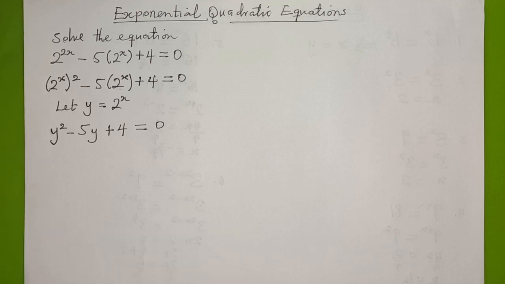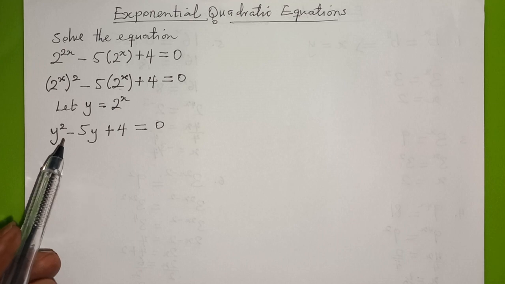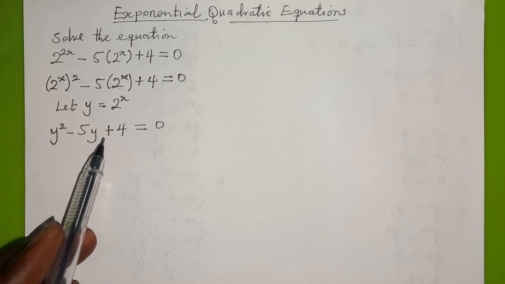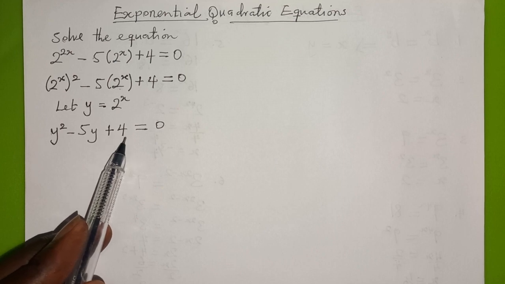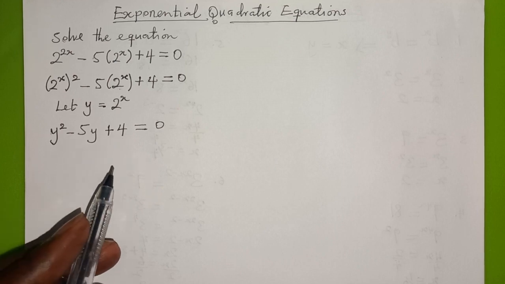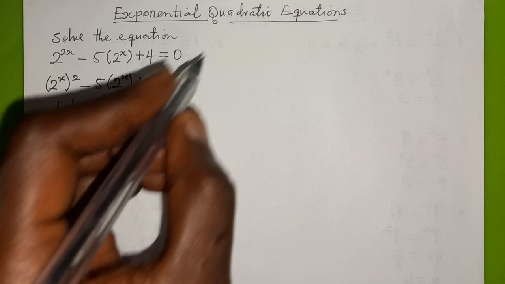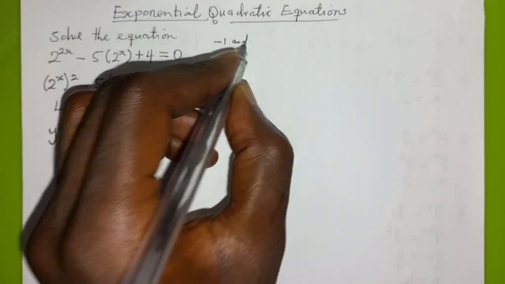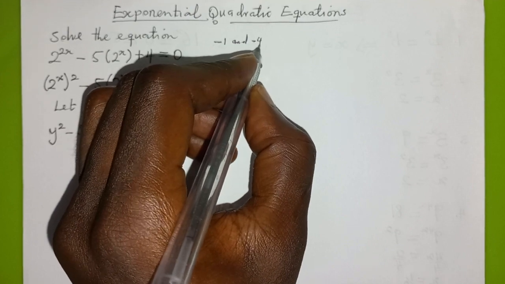Okay. What we need to do now is to find two numbers that anytime we add those two numbers, we should get negative 5. And anytime we multiply those same two numbers, we should get positive 4. And I believe those numbers are negative 1 and negative 4.